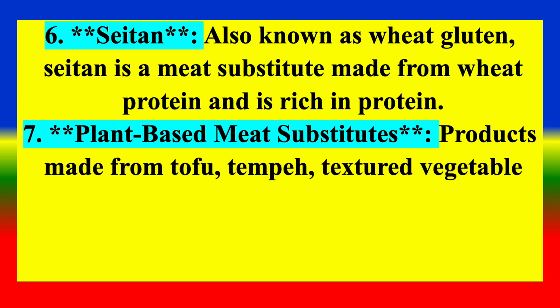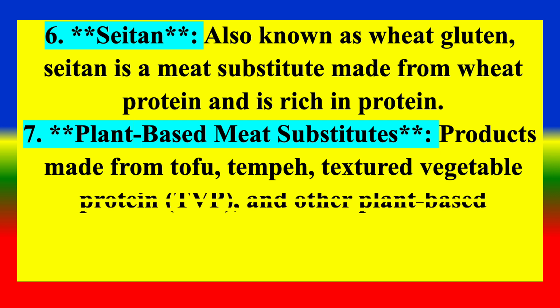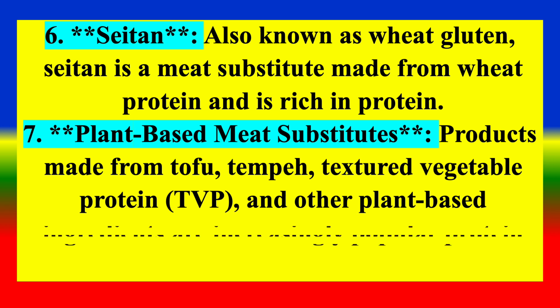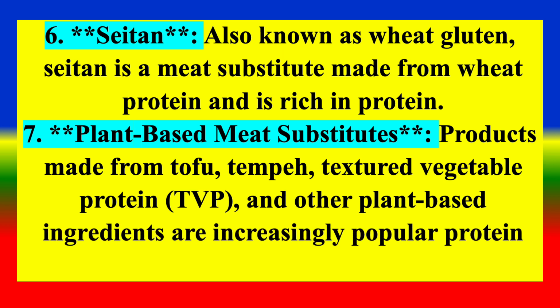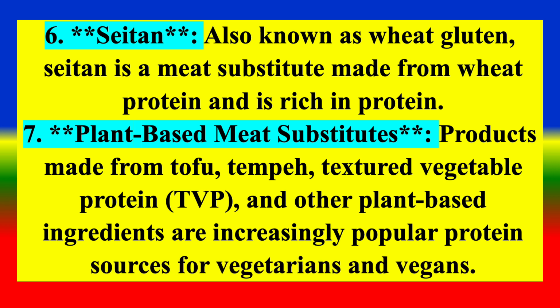Products made from tofu, tempeh, textured vegetable protein (TVP), and other plant-based ingredients are increasingly popular protein sources for vegetarians and vegans.